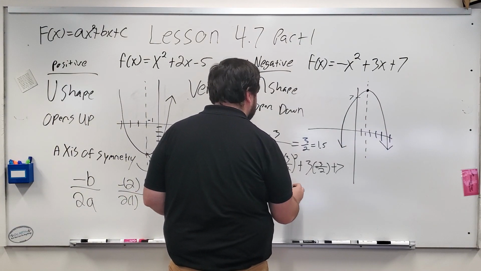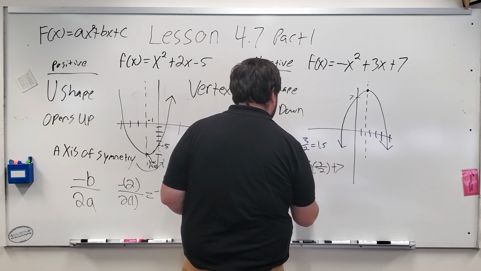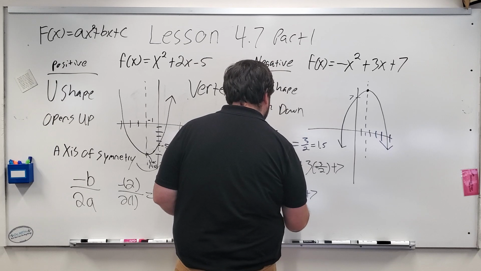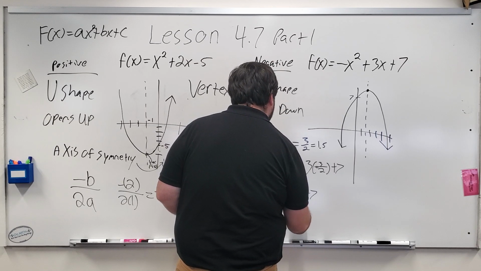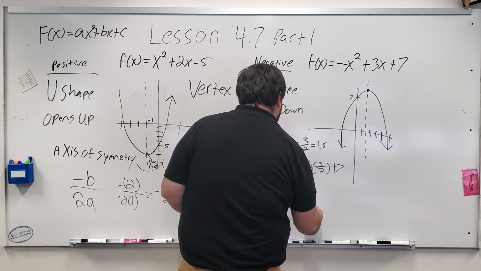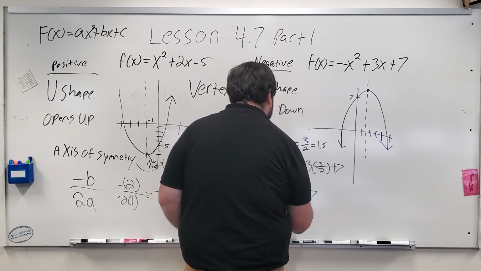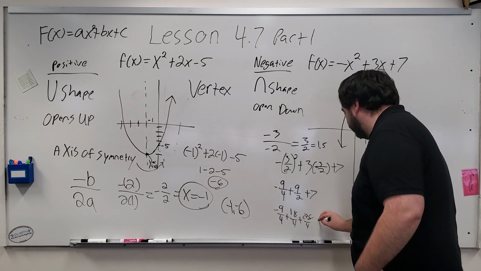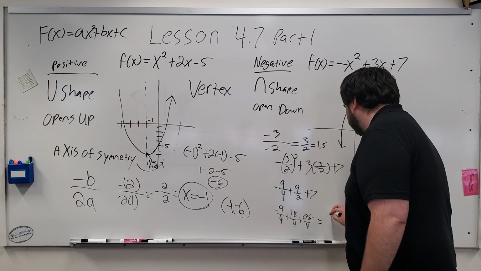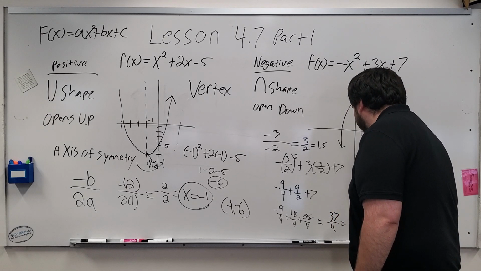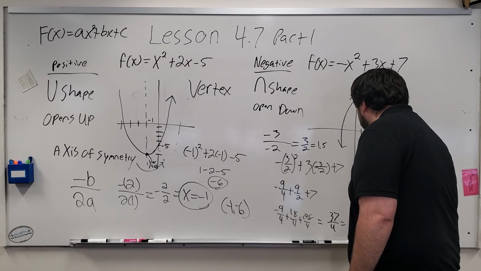And we said it was negative. Plus, multiply straight across, 9 over 2 plus 7. This becomes negative 9 over 4 plus 18 over 4 plus 28 over 4. Go straight across, that becomes 9. 9 plus 28 is going to be 37 over 4, which is equal to 9 1/4.